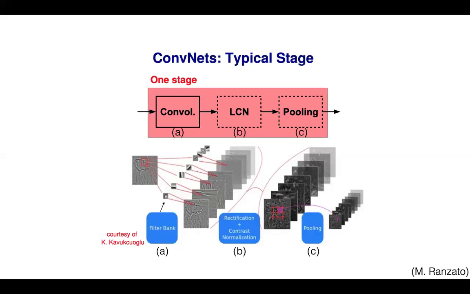So basically you have these three layers combined in a typical stage, and we have the data coming in, and these are features that are going to be processed and transformed into other features by this unit, the stage of a convolutional neural network.